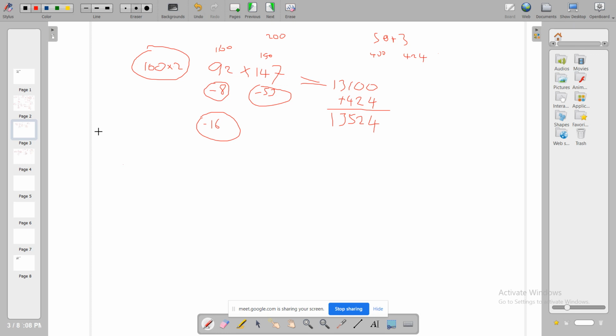It means I wrote everything. It looks like I didn't write everything. It looks so. Is it 53? Minus 53? Yeah, minus 53. This is 53.